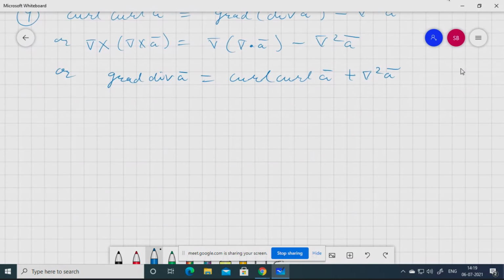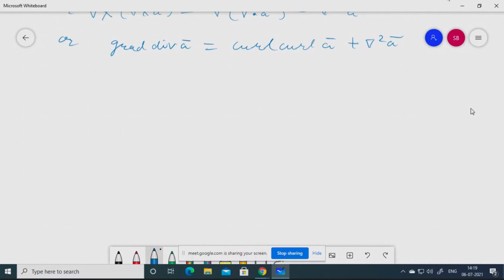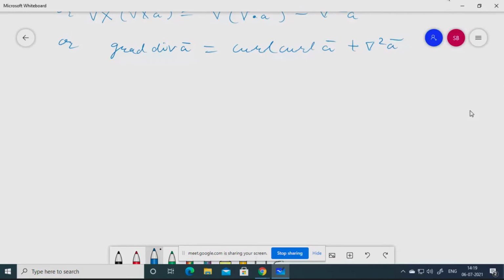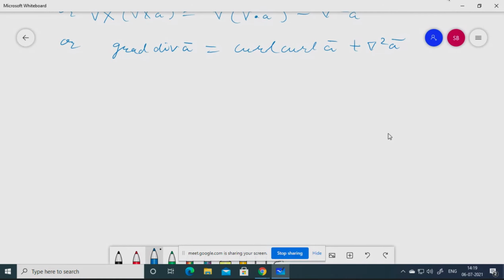Okay. Now, based on this, what did you say? Come again? Someone was saying something. Nothing? Okay. So based on this, you have to prove a few more identities, or you can say the problems based on these identities itself.